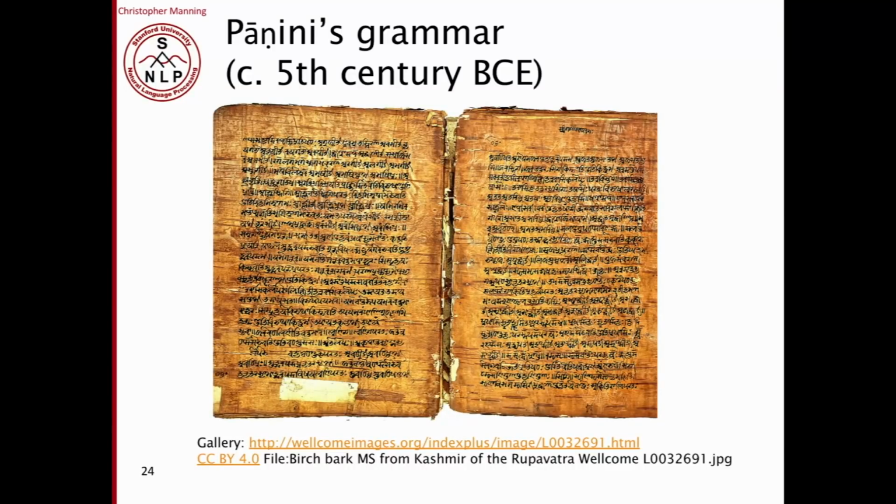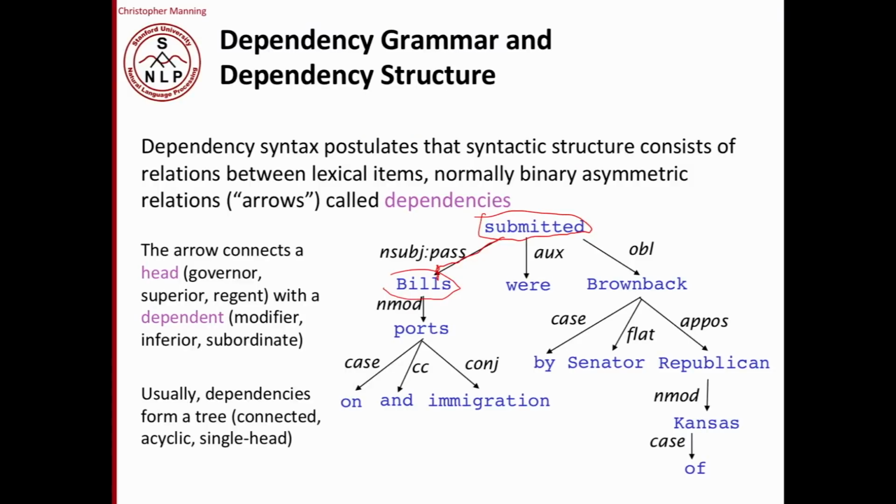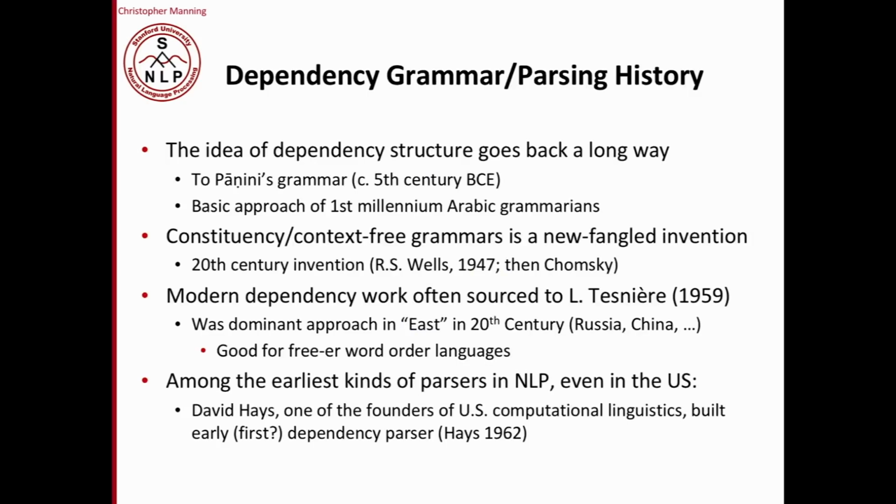But beyond that, he started trying to describe the structure of Sanskrit sentences. The notation was different, but essentially the mechanism he used for describing the structure of Sanskrit was dependencies, working out what are arguments and modifiers of what, relationships like we've been looking at.